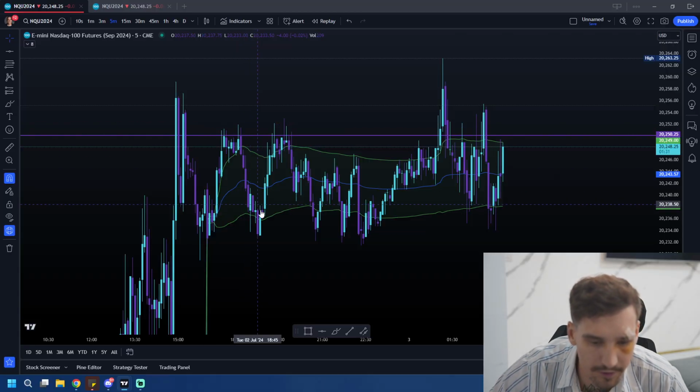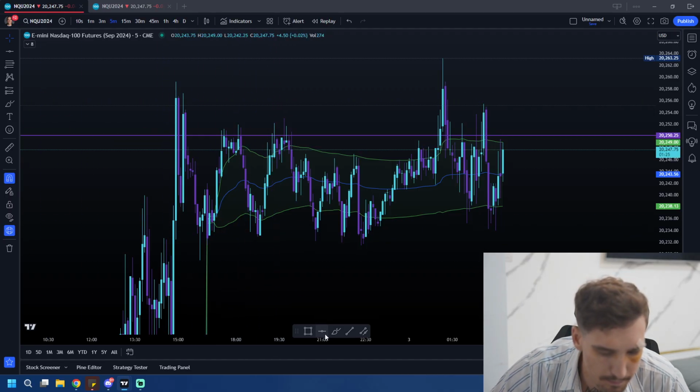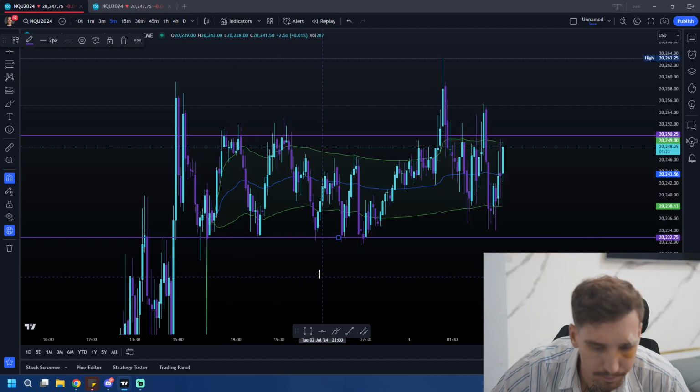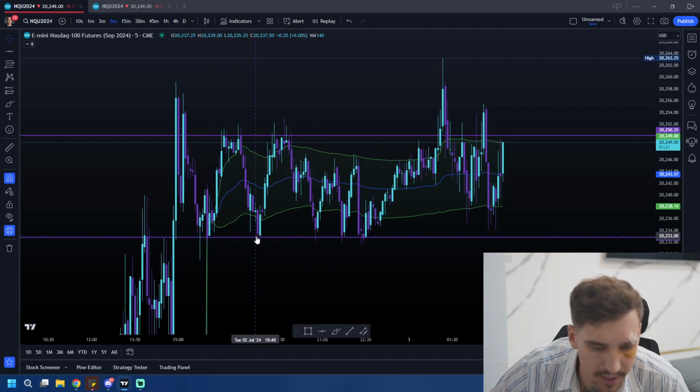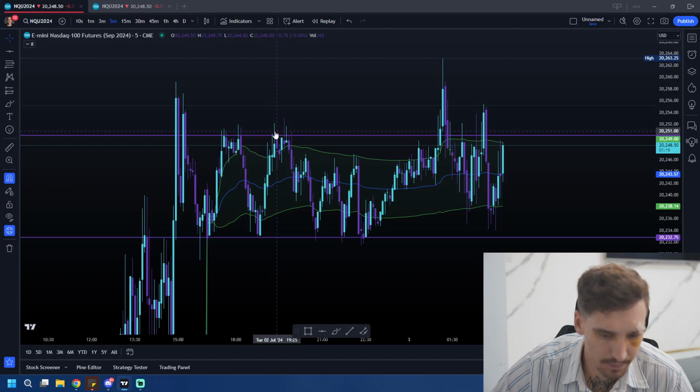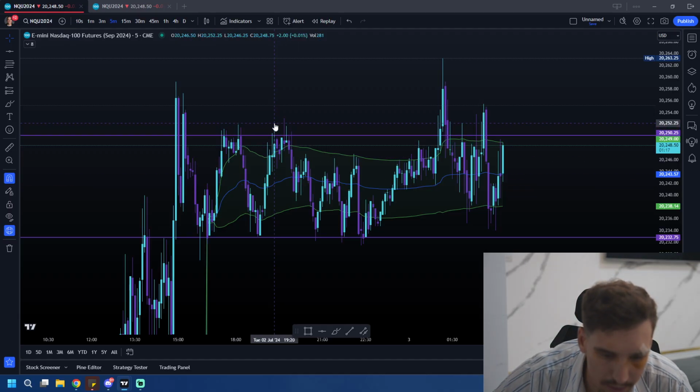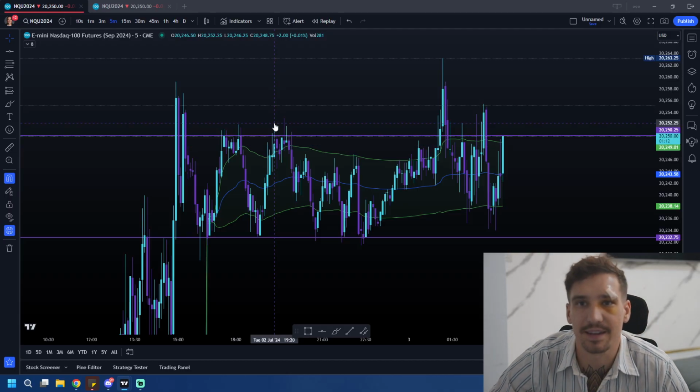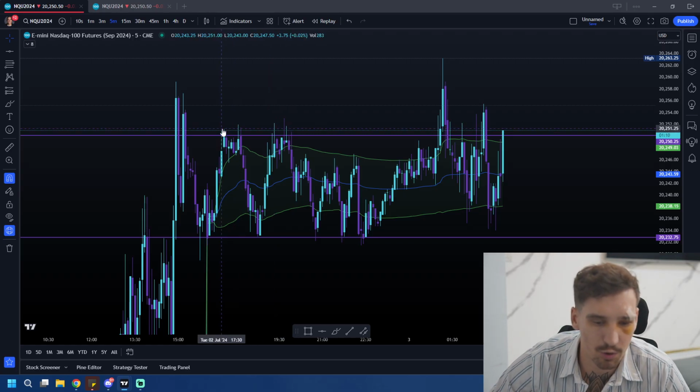And then boom, fell off a cliff, came right back up, boom, boom, boom, bounced off this pivot point down here, bounced off there, came right back up, and look at that. Swept just a tick or two above the last high that it made over here.